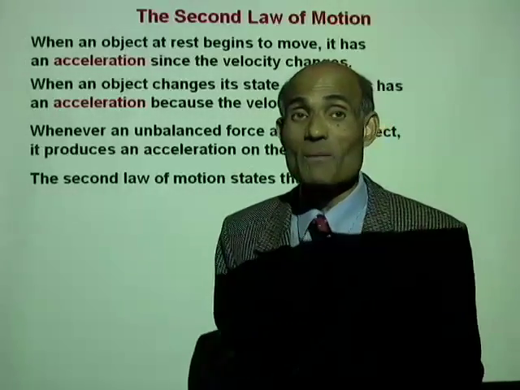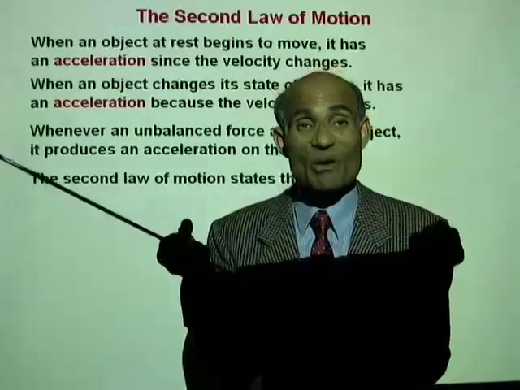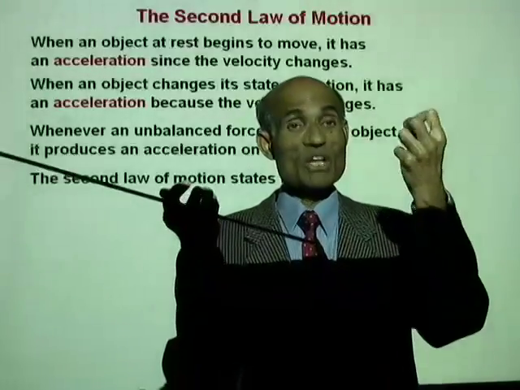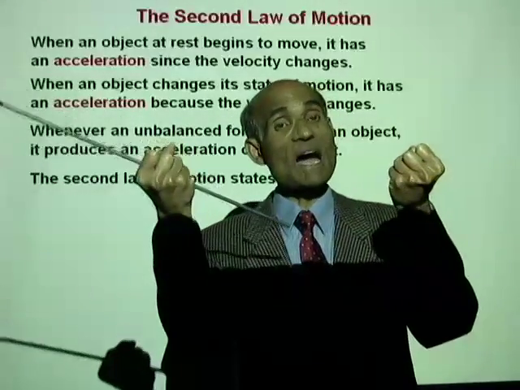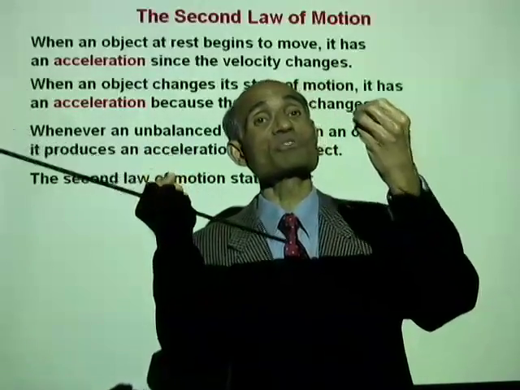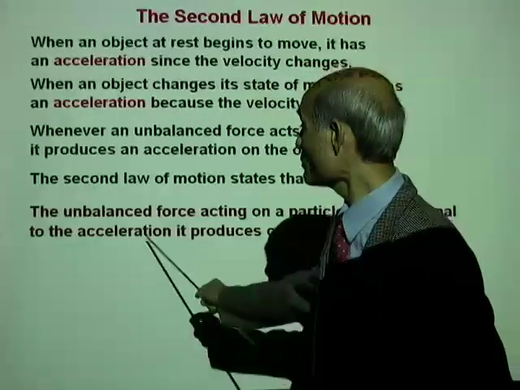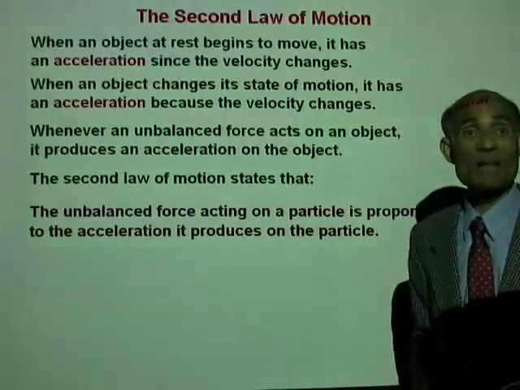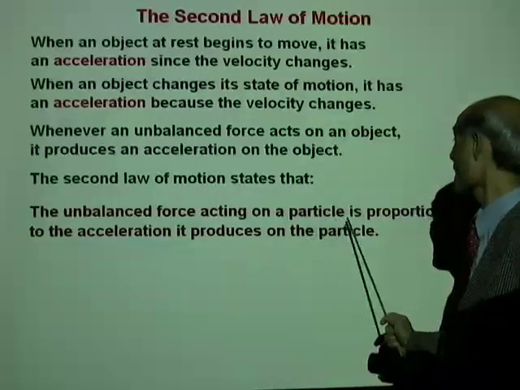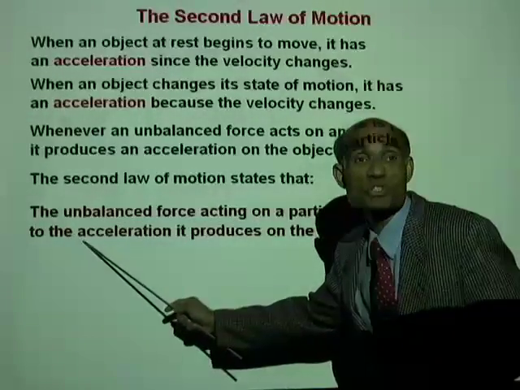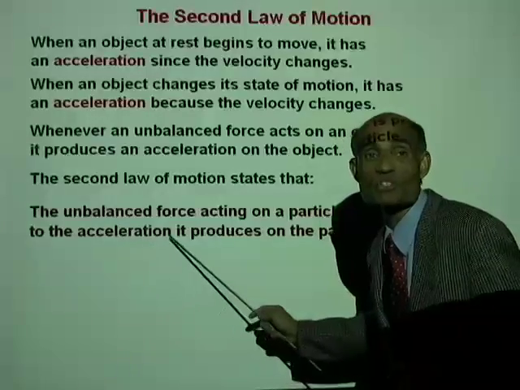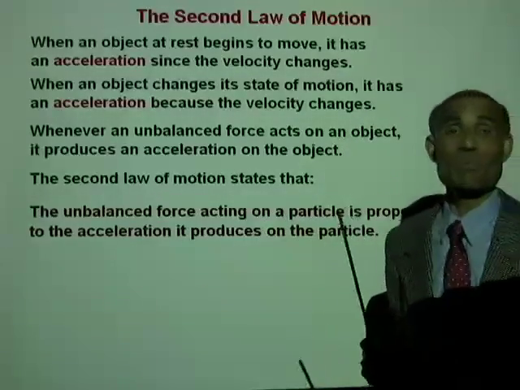What does it say? The second law is a direct relationship between the unbalanced force and the acceleration that it produces on an object. And this is the statement. The unbalanced force acting on a particle is proportional to the acceleration it produces on the particle.